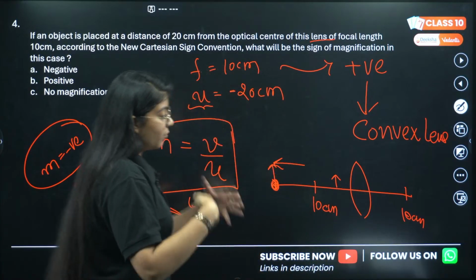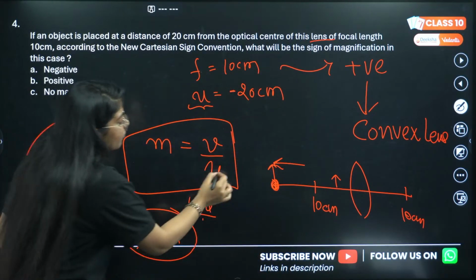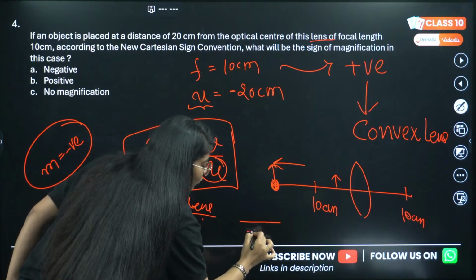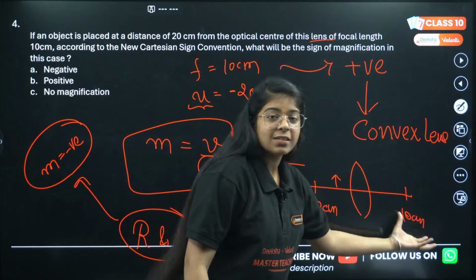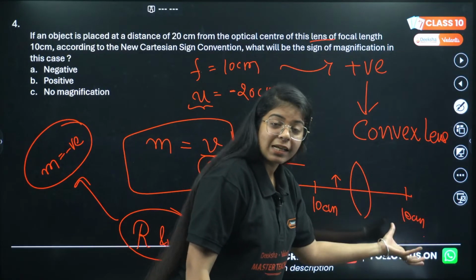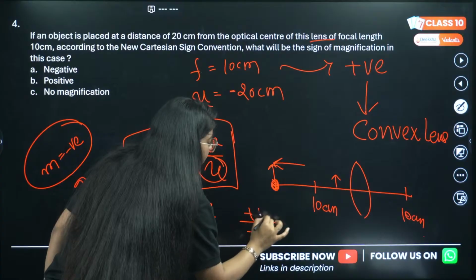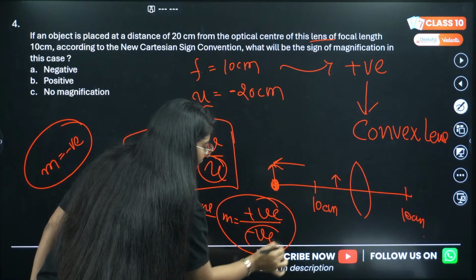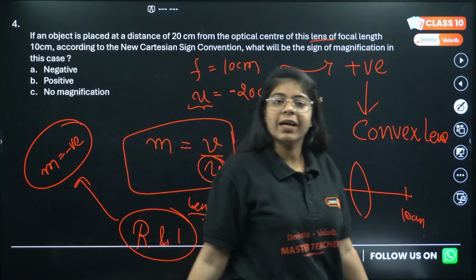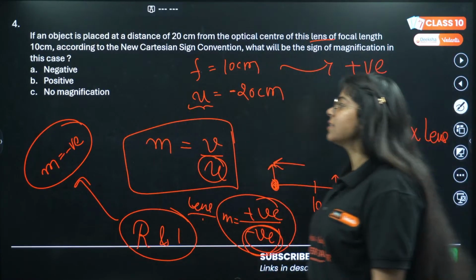One more way you can say it is that U is negative. And if the image is real and inverted, V is on the right hand side of the lens, so V is positive. So for magnification, positive divided by negative is negative. So the answer is negative.